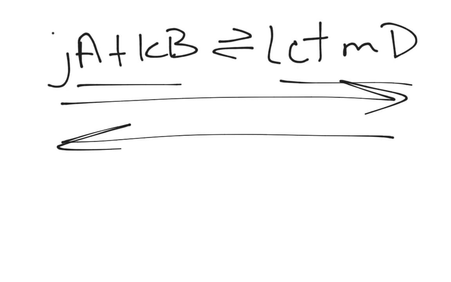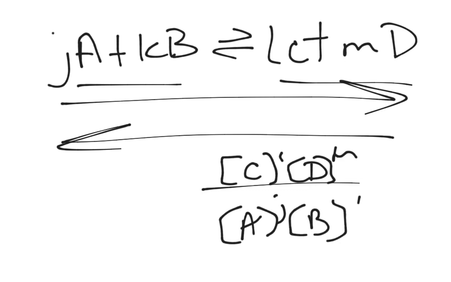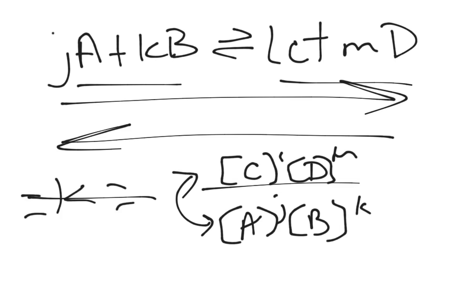I can just flip it, so that instead of going concentration of C to the L, concentration of D to the M, over concentration of A to the J, concentration of B to the K, instead of having to go through and plug everything in with these numbers flipped, I already found K, and it just becomes 1 over K. Similarly, if I multiply everything by 6, then I can just raise K to the 6th, and you get the same answer.